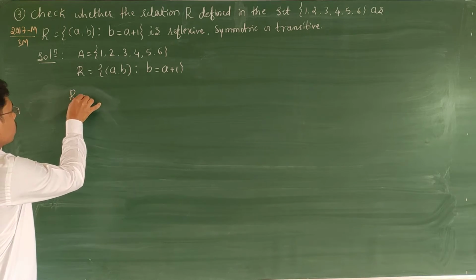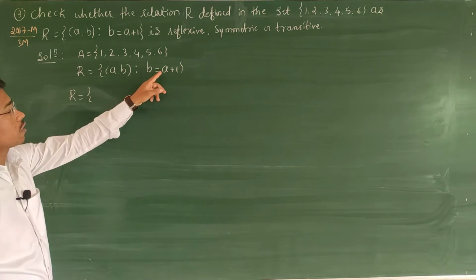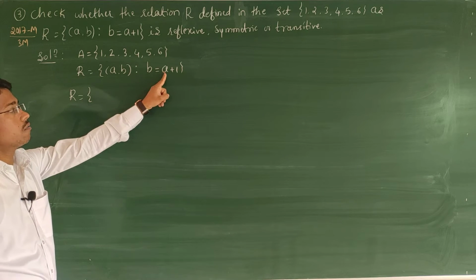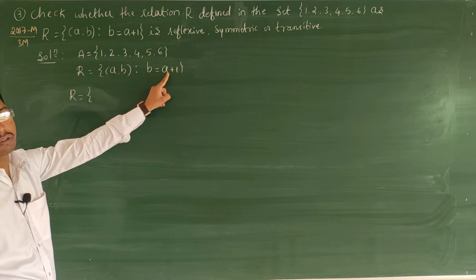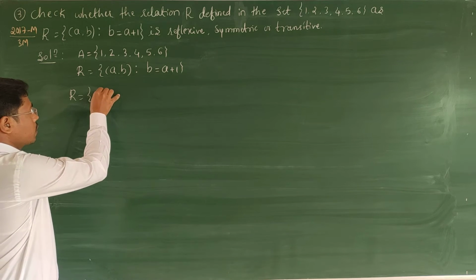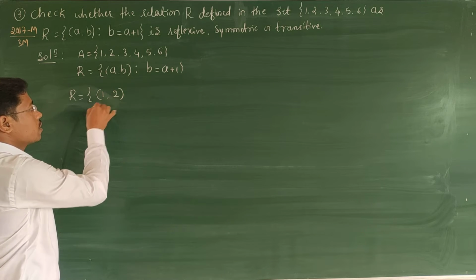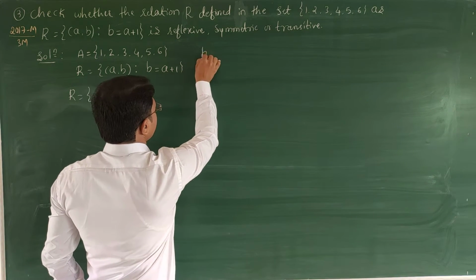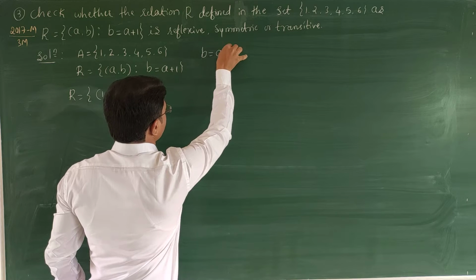If I put a = 1, then b = 1 + 1 = 2. That is, b = a + 1.